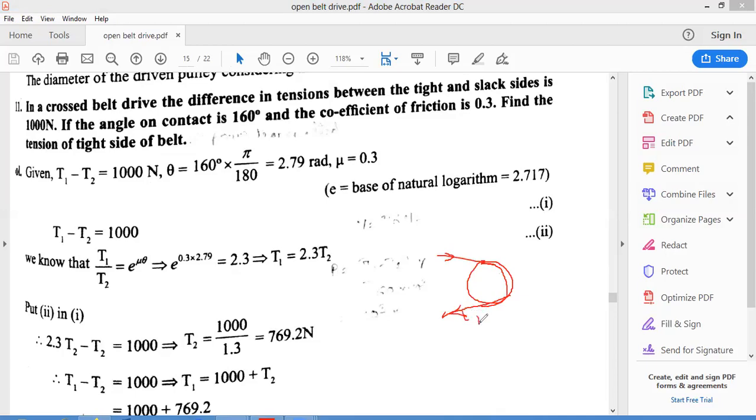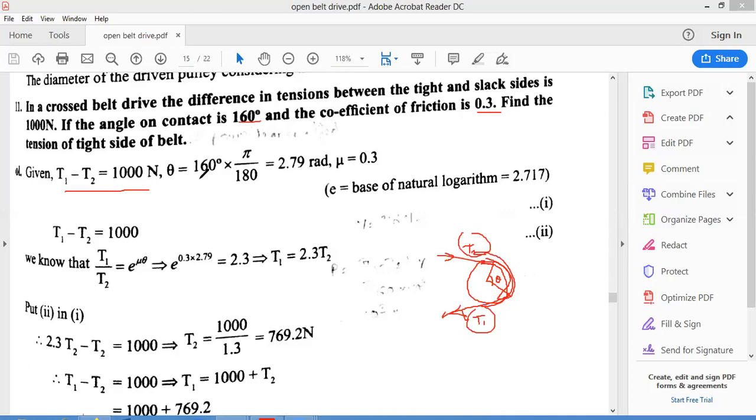What they have given over here is the difference between the tight side and the slack side, T1 and T2, which is 1000 newtons. The angle of contact, theta, is 160 degrees, and the coefficient of friction of the belt with the pulley surface is 0.3. We have to find out the value of T1 and T2 respectively. So T1 minus T2 is equal to 1000 Newton.